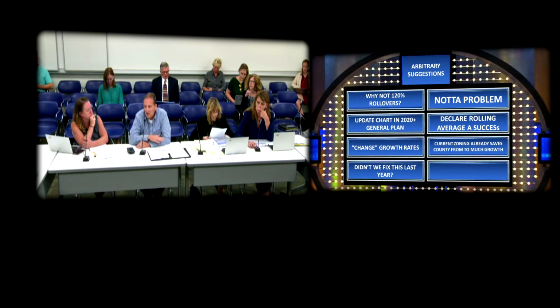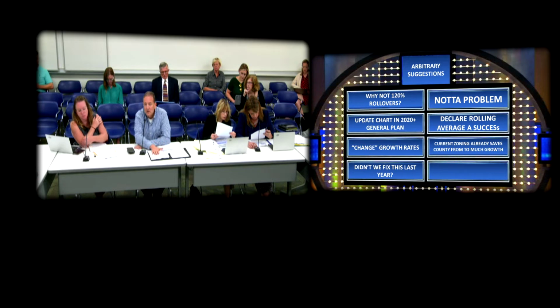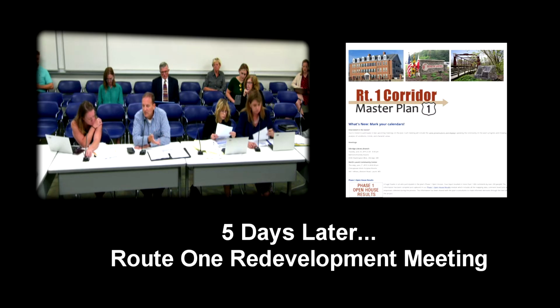All of the easy stuff, in terms of development on vacant land, has been done in Route 1. So any future redevelopment, which is included in these numbers, would have to be based on redevelopment of Route 1 land assembly and taking down old buildings. And that's not happening anytime soon.